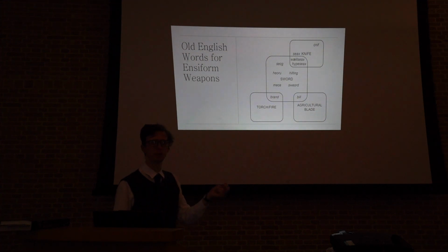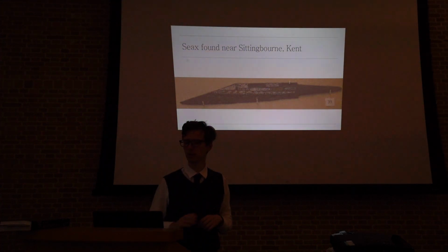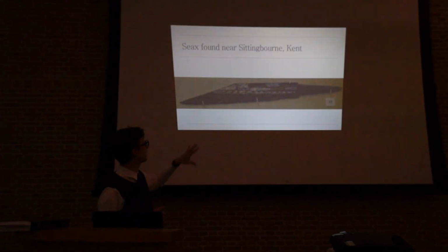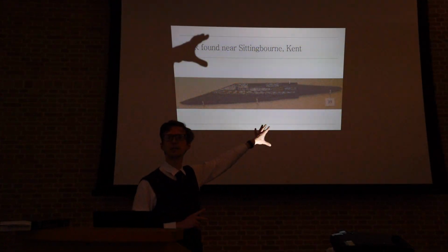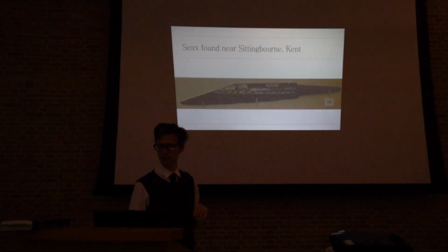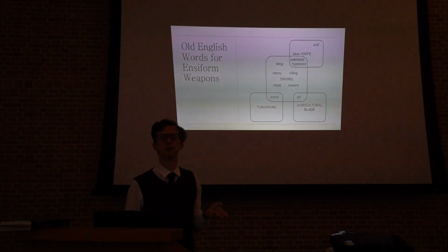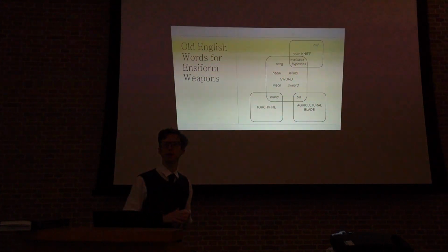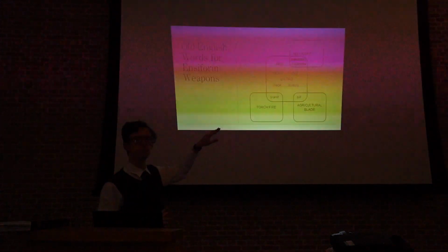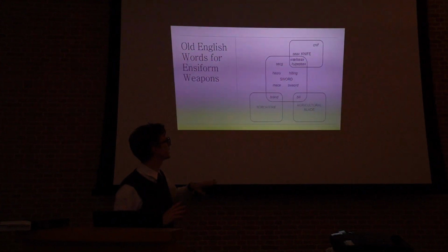So a knife or a sax is very much a knife. This is a characteristic Anglo-Saxon sax, with the broken back that we very often see. But we also have compounds of this. I haven't listed all the compound words for sword, but these two compounds with sax are interesting.